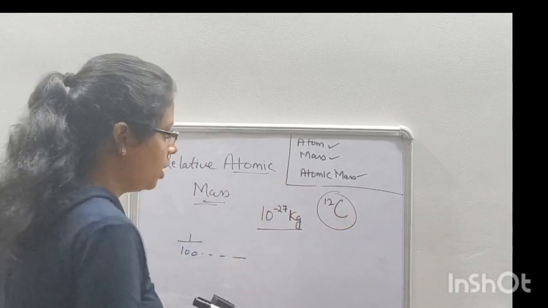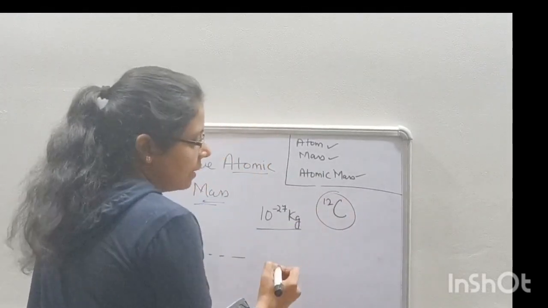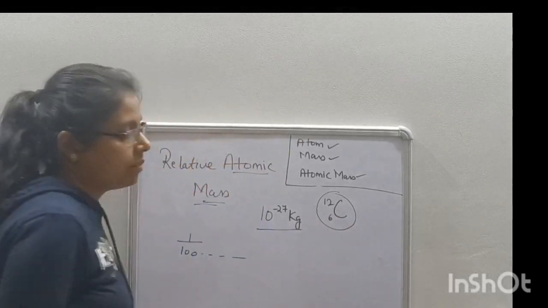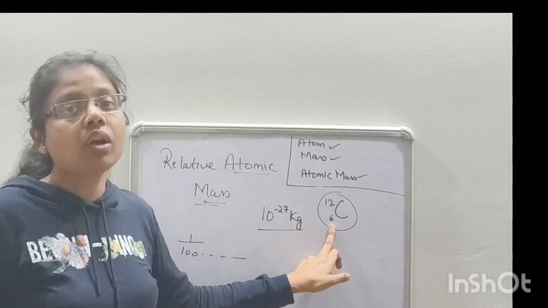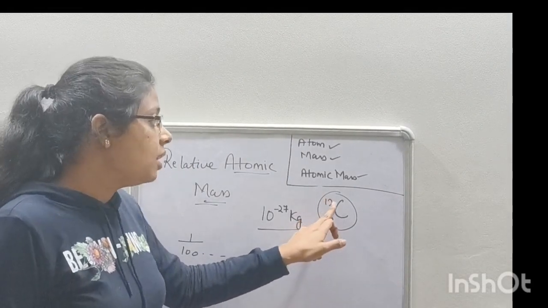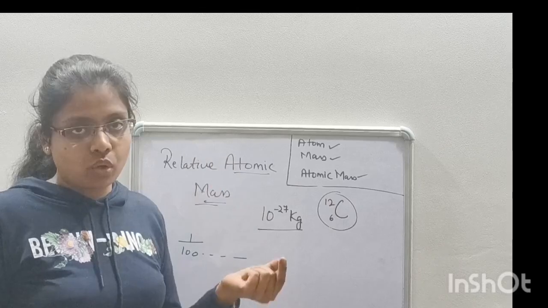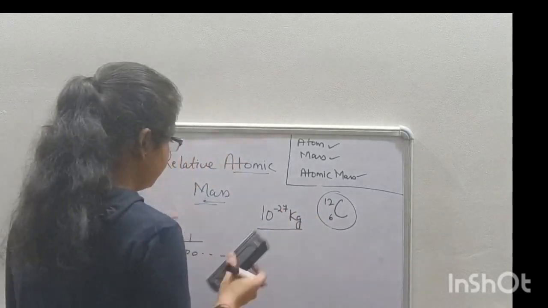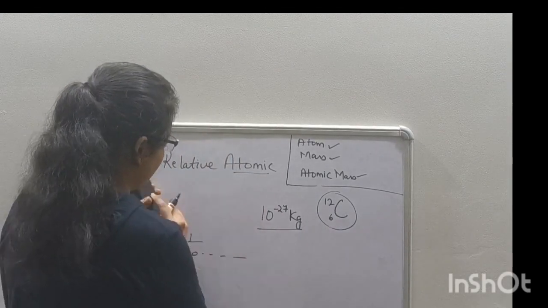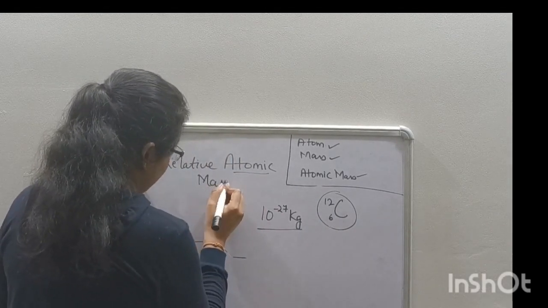understand how this happened. Now this 12 carbon atom has atomic number 6. We know that the atomic number represents the number of protons or number of electrons, and atomic mass represents the number of protons plus the number of neutrons.